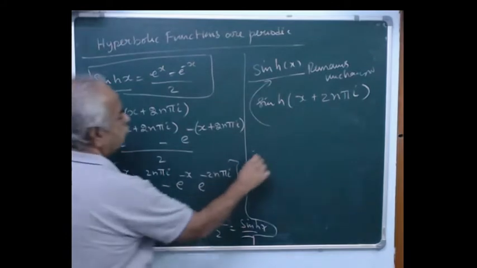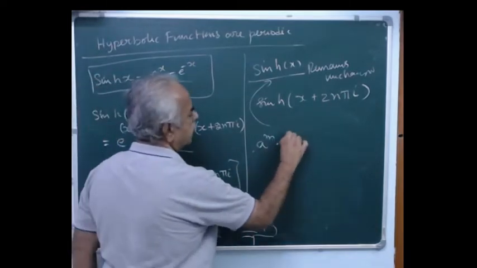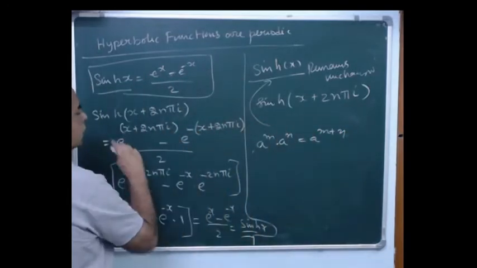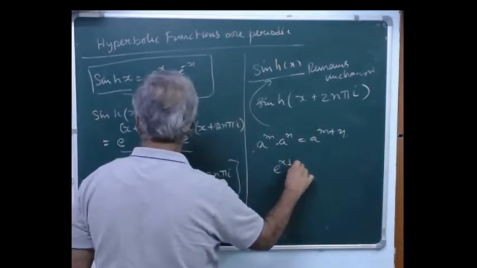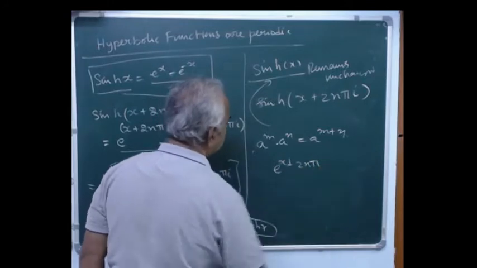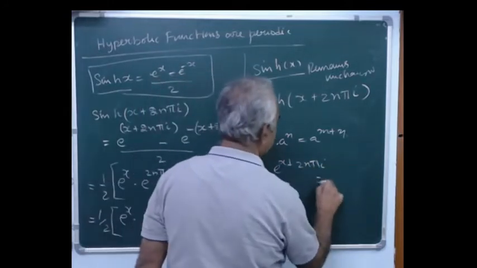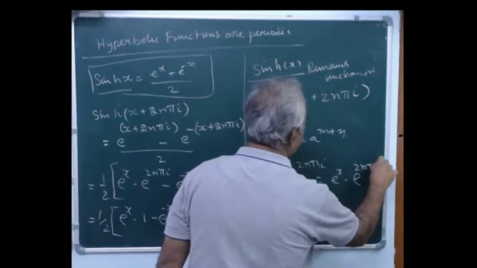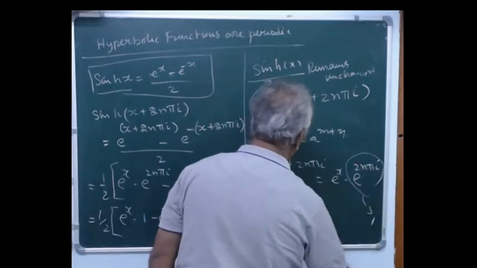Now we know a^m into a^n is equal to a^(m+n). So we can apply this rule, and therefore e^(x + 2nπi) becomes e^x into e^(2nπi), and this value is equal to 1.